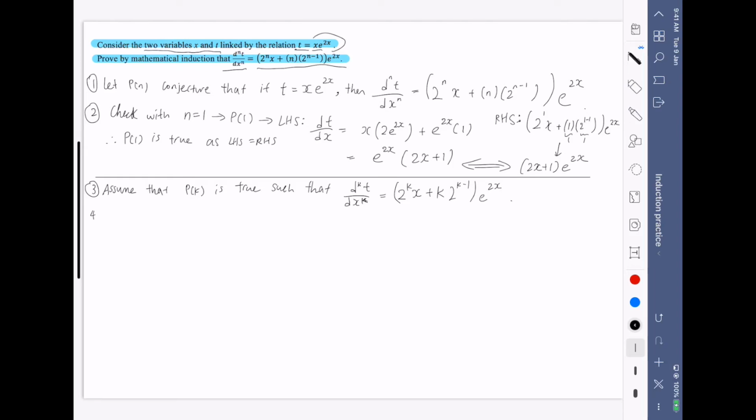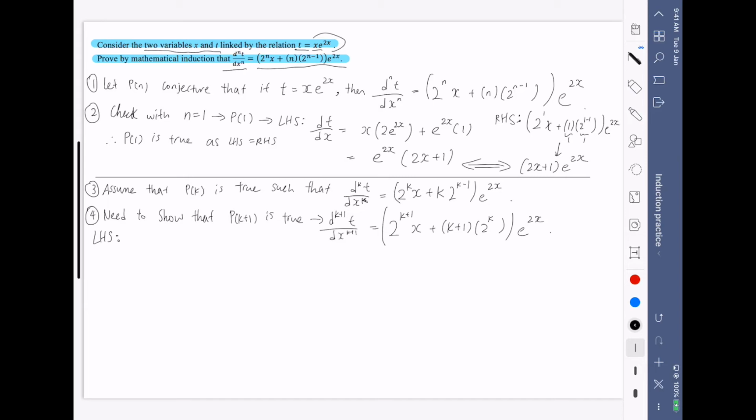And then we need to show that Pk plus 1 is true, which means that we have to show that d^(k+1) t over dx^(k+1) equals (2^(k+1) x plus (k+1) 2^k) e to the power of 2x.